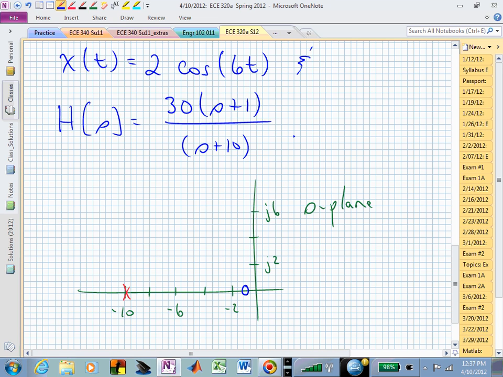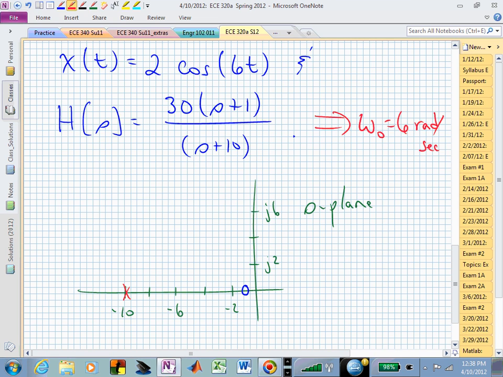Given that input signal, x(t), what do we need to immediately start concentrating on from that description? The 6, right? The omega, the frequency. This x(t) immediately should be saying we need to be concentrating on this frequency of 6 radians per second, which is about 1 hertz, since that's 2 pi f.